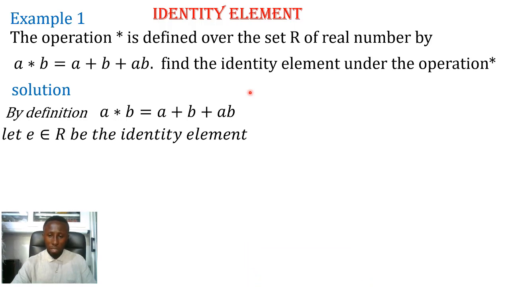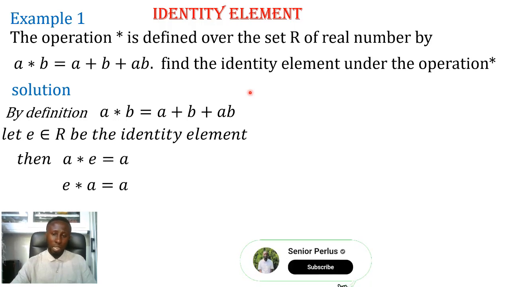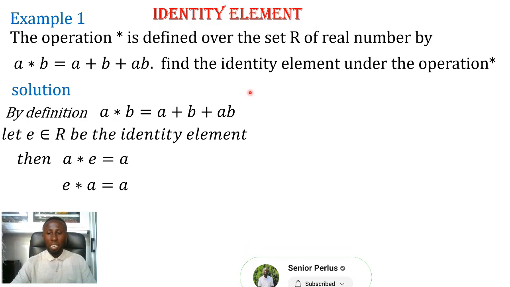Normally we represent the identity element as E, though it's not by force. Then a star E is a, like we said earlier. As addition has identity element 0, a plus 0 is a. And E star a is also a. That's why I said the identity element is commutative.